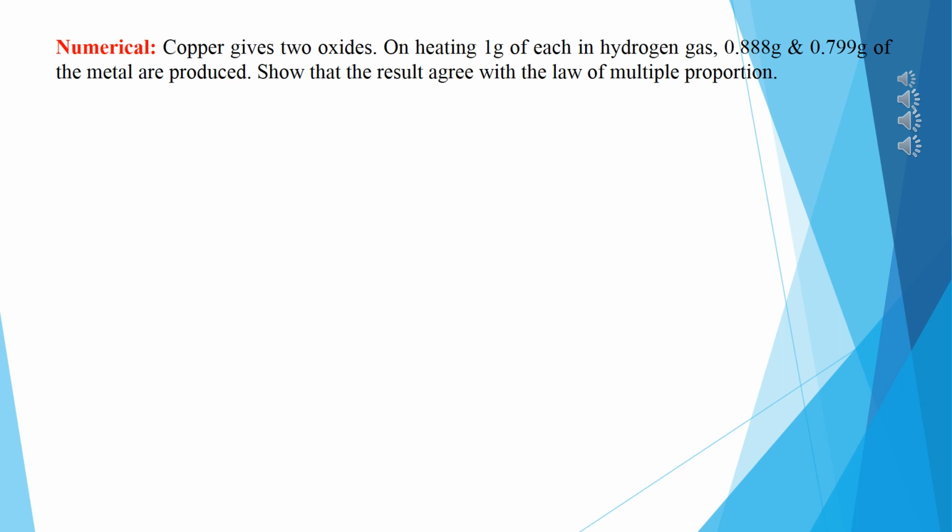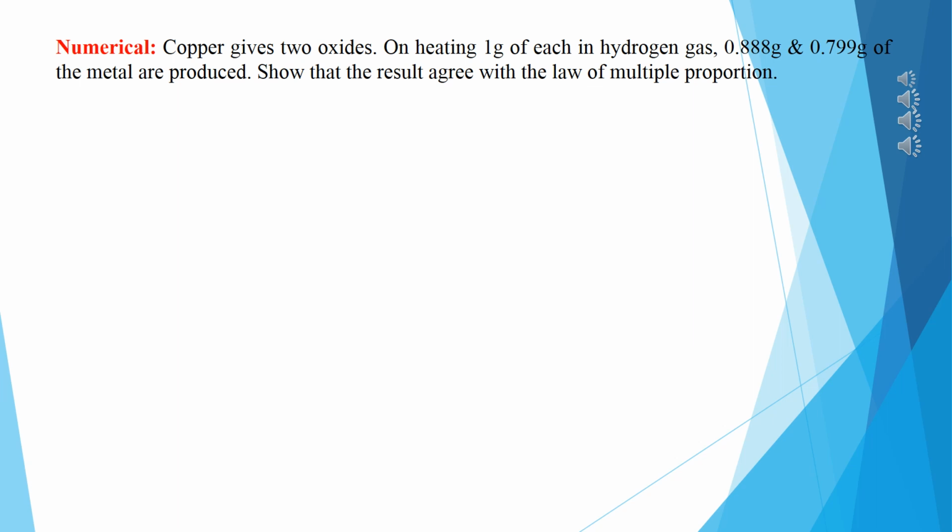So first we have to find out the weight of oxygen in the given copper oxides, and then we have to fix the weight of one of the elements, either of the metal or of oxygen, and find out the weight of the other element which combines with the fixed weight of one element. So let's solve this numerical.